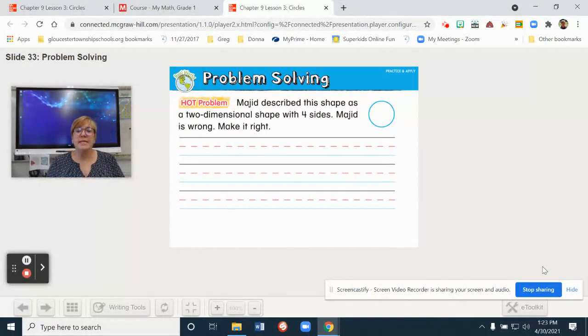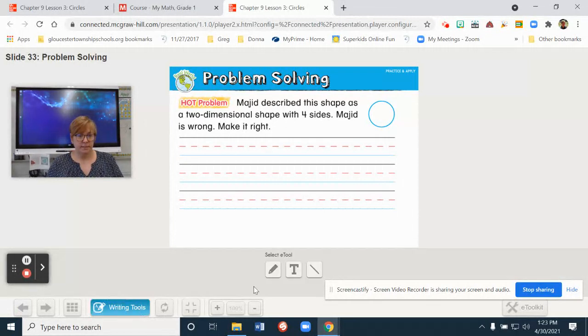Okay, here we are. Majid described this shape as a two-dimensional shape with 4 sides. Majid is wrong. Make it right. Okay, he is correct that it is a two-dimensional shape. Okay, but what is it that we have to print to make it correct?